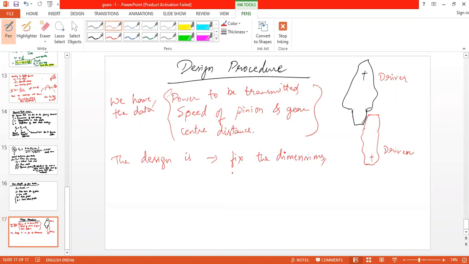We need to find the module, the diameter of the gear, and the material of the gear. We have all these data and we need to find this. Is it clear? Yes, sir.